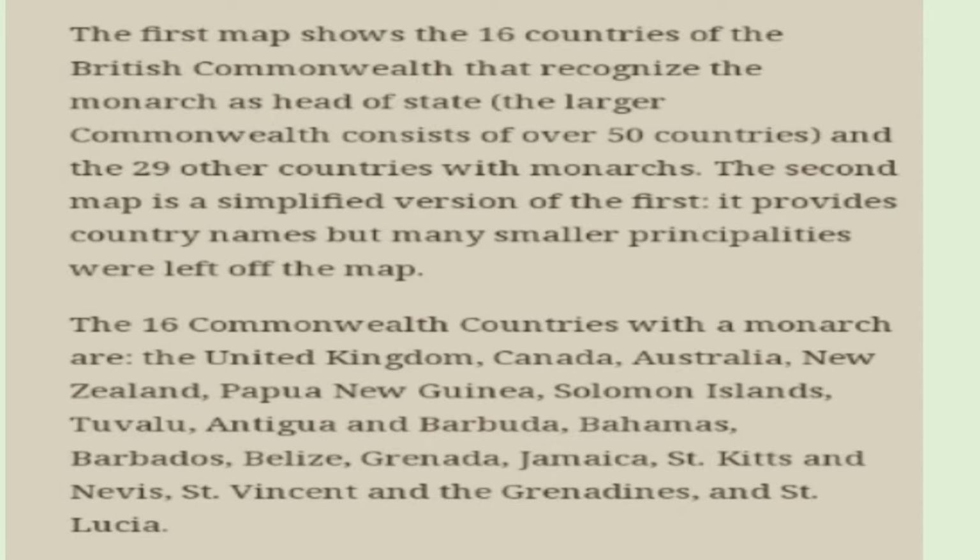The 16 Commonwealth countries with a monarch are the United Kingdom, Canada, Australia, New Zealand, Papua New Guinea, Solomon Islands, Tuvalu, Antigua and Barbuda, and so on.